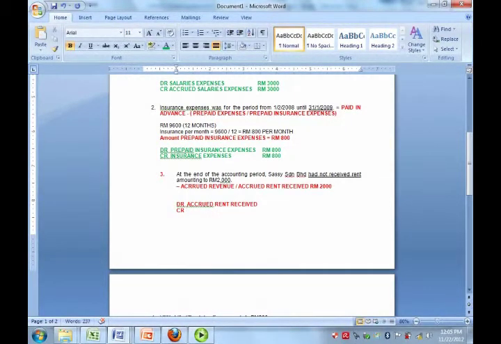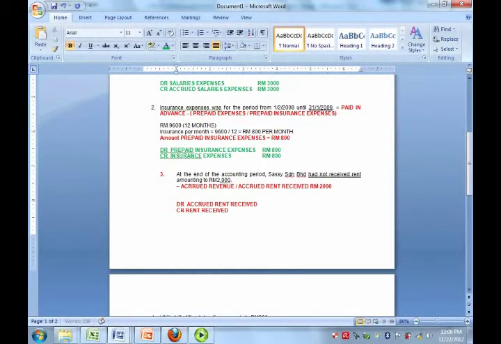And automatically credit the revenue account. It is credit rent received. When revenue increase, automatically you need to record at the credit side. Remember class, revenue when increase always we have to put at credit side. Credit your rent received and debit your accrued rent received.